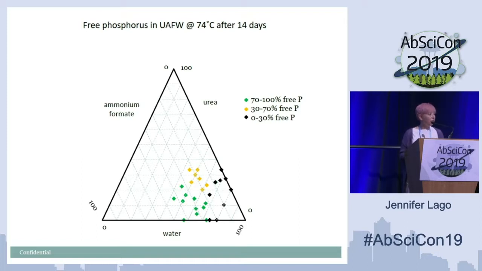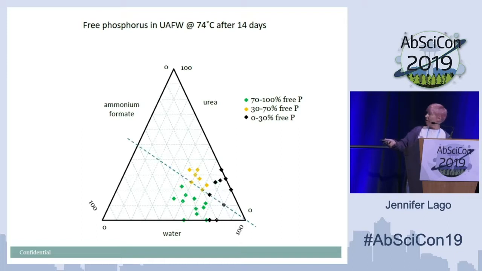There's a decent amount within the 30 to 70% range, which is still remarkable compared to not soluble in water. But then there's also a very specific area in which there was no free phosphorus or very little free phosphorus available in this solution.